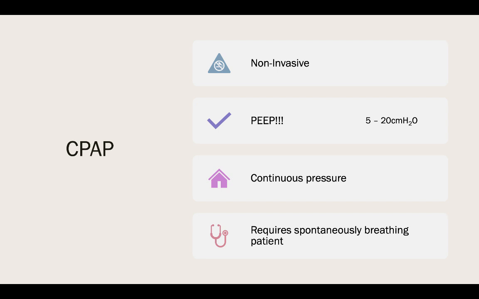Typically for CPAPs, we're going to start at a PEEP of 5 centimeters of water and kind of slowly work our way up to usually around 20 or so, depending on our patient's need. So this CPAP, the C in CPAP, is continuous, so this is all about continuous pressure. It's like sticking your head out the window going down the highway, right? And that is continuous airway pressure.